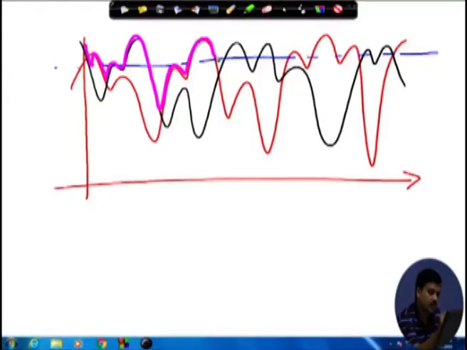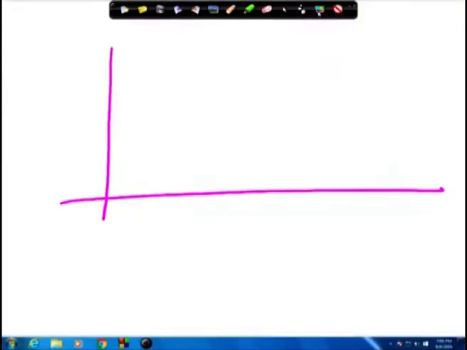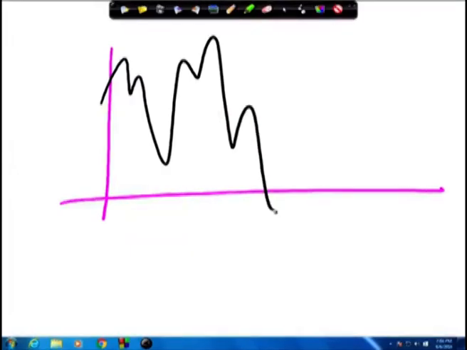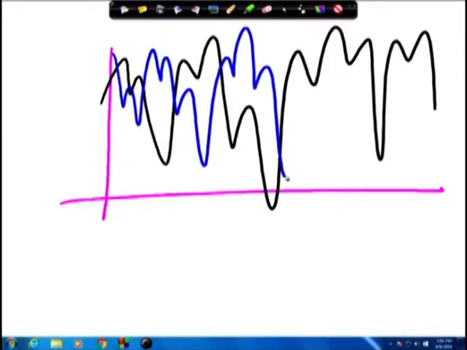When there is no other option, you simply can't help it. But otherwise you just don't switch. Let's redraw this. Suppose one of the branches has this particular SNR structure, and the second branch has an SNR like this.